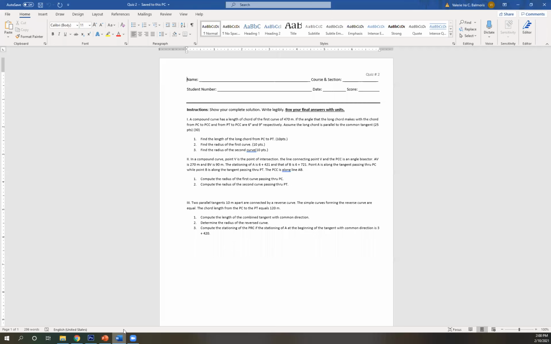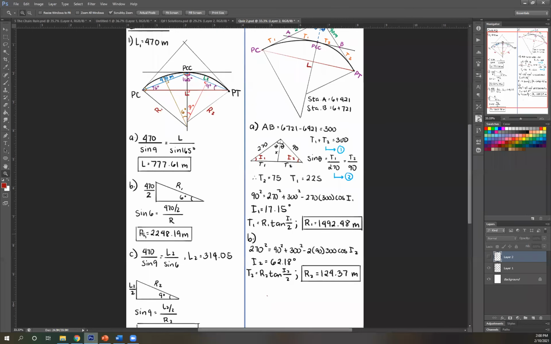So long chord from tangent, right? The line from PC to PCC, that's not tangent. A long chord to the line joining PC and PCC. So let's see that. This is your long chord. This is PC to PCC. Angle between them is 6.